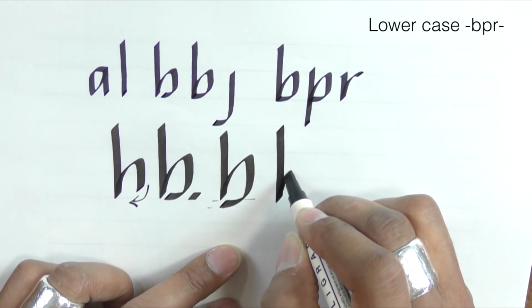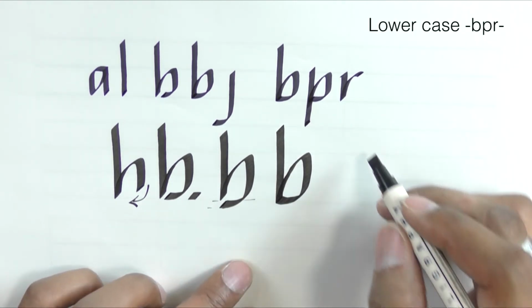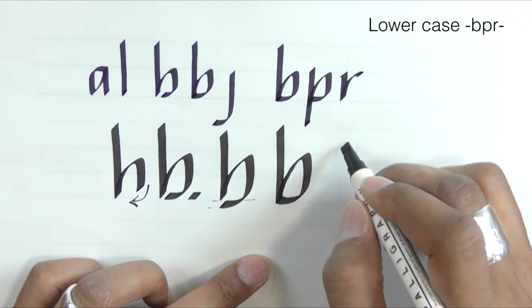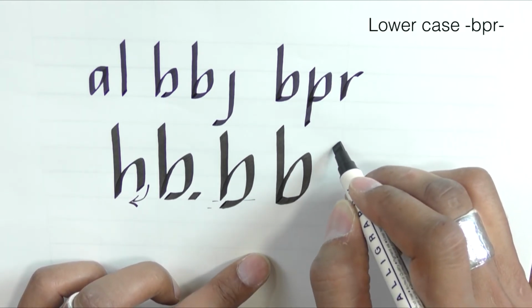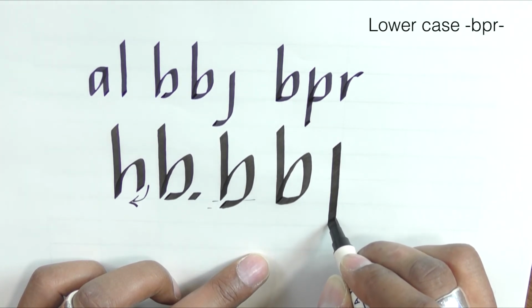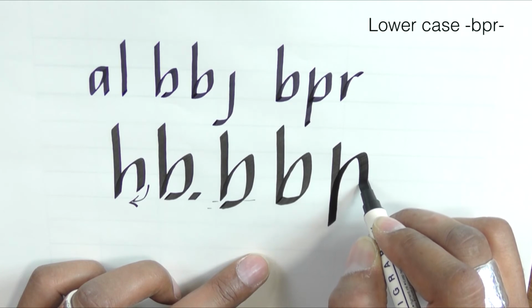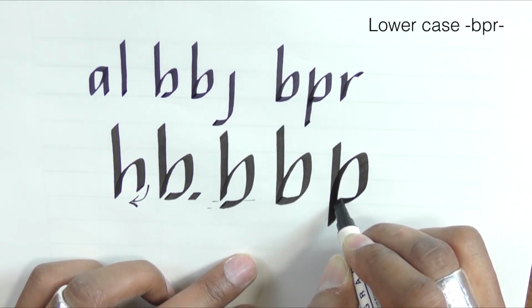P. Let's look at the R again. Actually, let's look at the P first. So go back in through the P and push out and down and back on yourself.